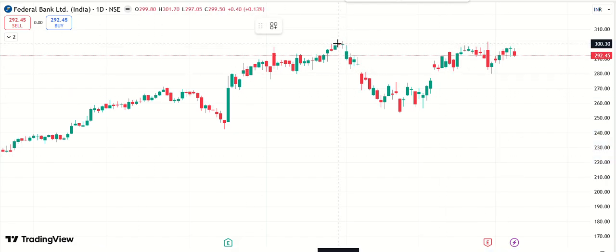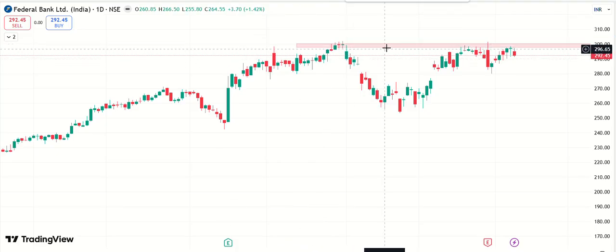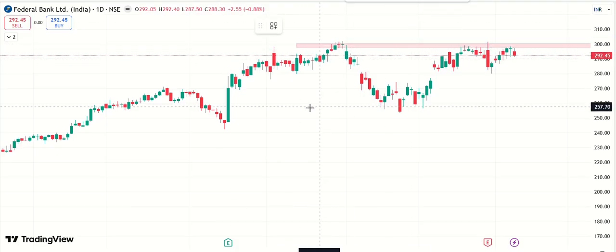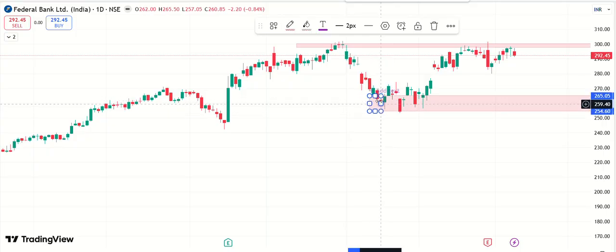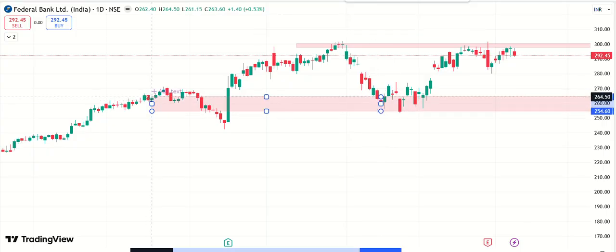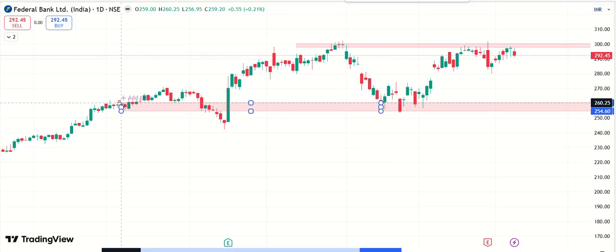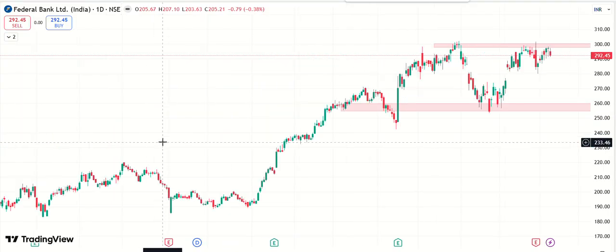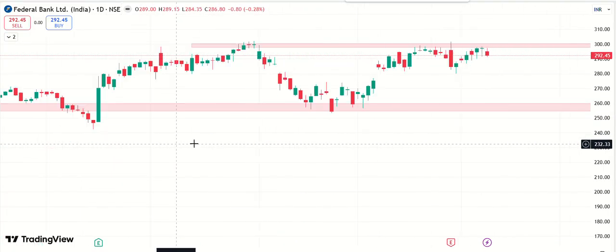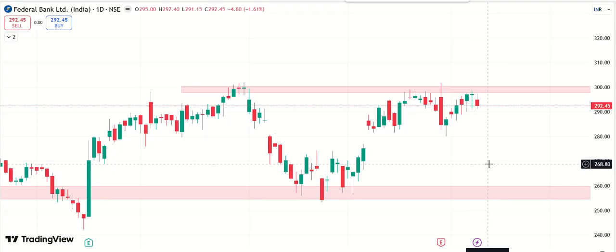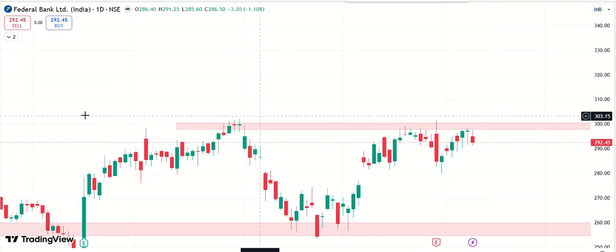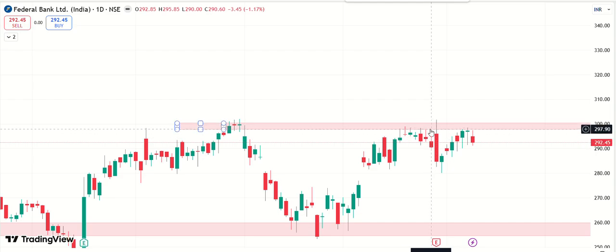Maybe because of the war, there is short-term resistance there, and here there was a support. Here we have the breakout area, the resistance area. One, two, three, four times it has tried.